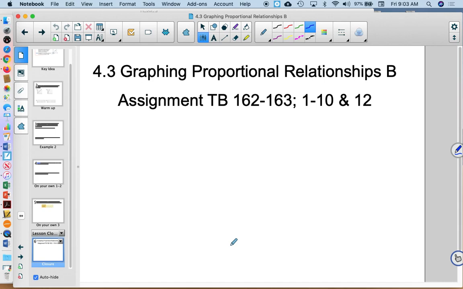There's the assignment right there. You go into the textbook today. Textbook page 162, 163, 1 through 10 and number 12.